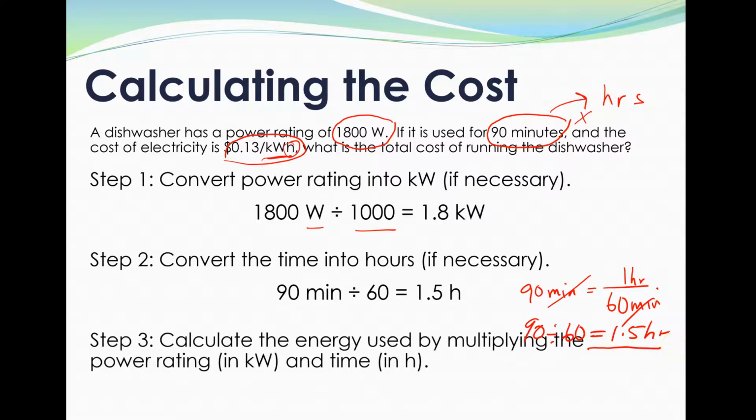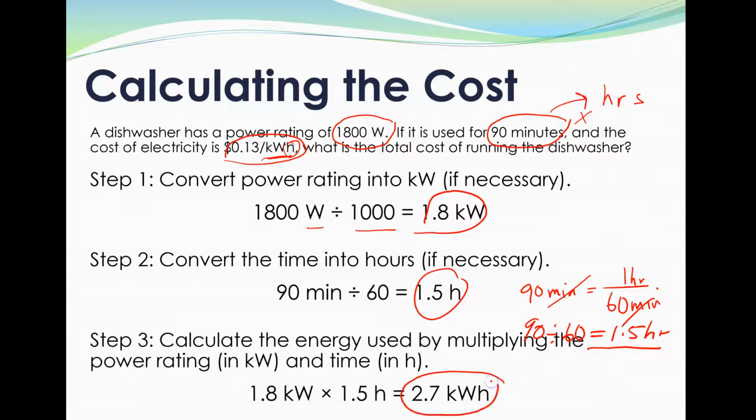And then you calculate the energy used by multiplying the power rating, which is 1.8 kilowatts, by the time in hours, 1.5 hours. And this is the energy used.